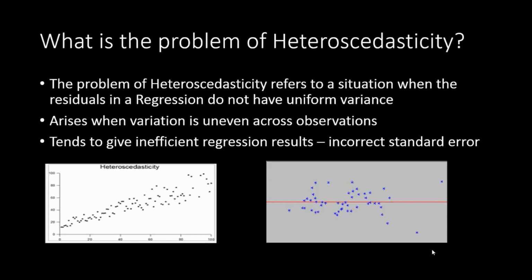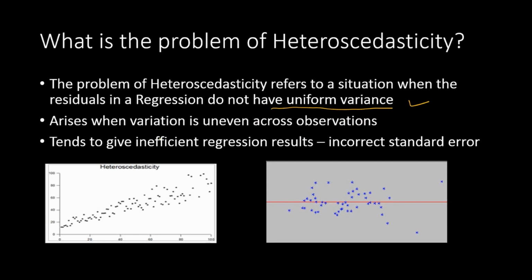The questions are like this. The first question is, what is the problem of heteroscedasticity? Well, the problem of heteroscedasticity refers to a situation when the residuals in a regression do not have uniform variance. This is one of the assumptions in least square regression, that the errors should have uniform variance.